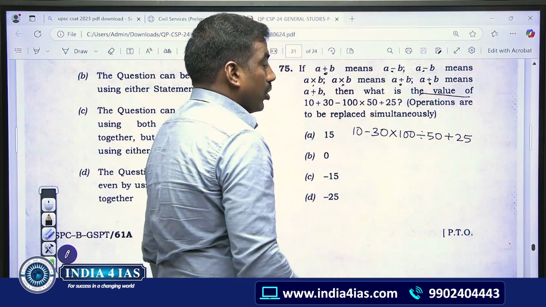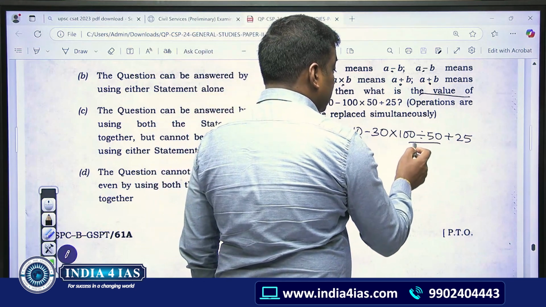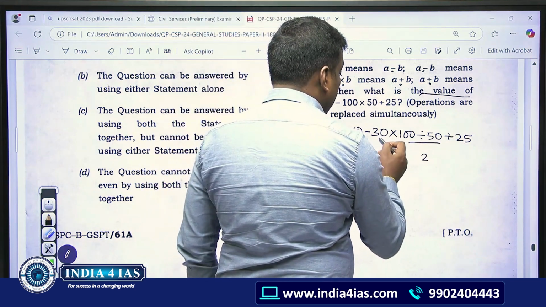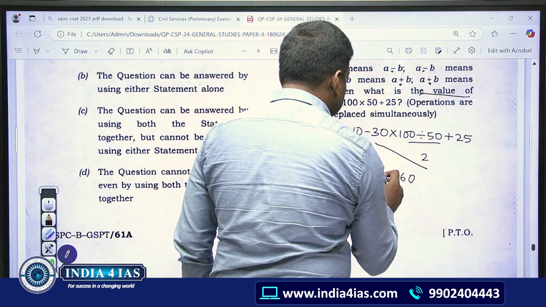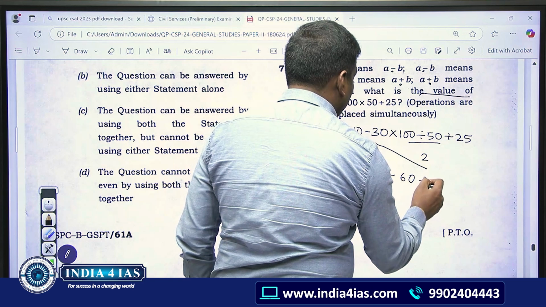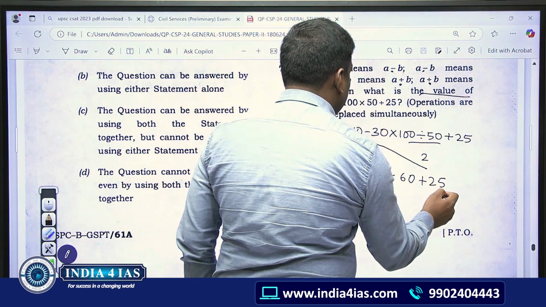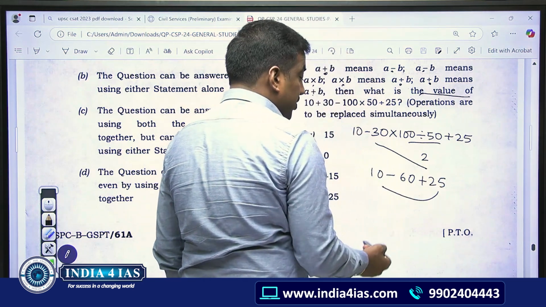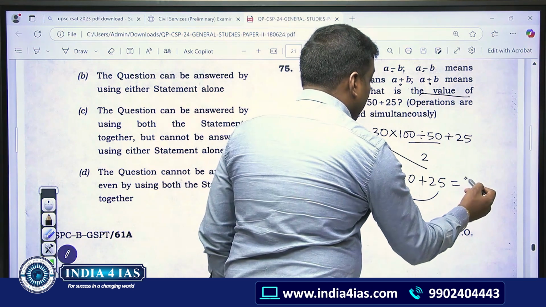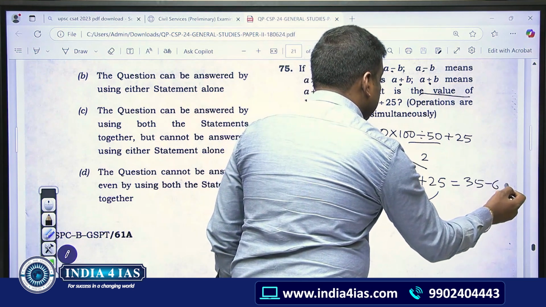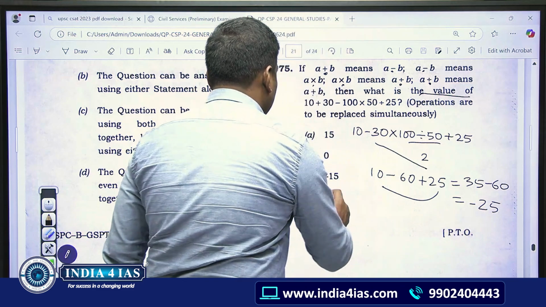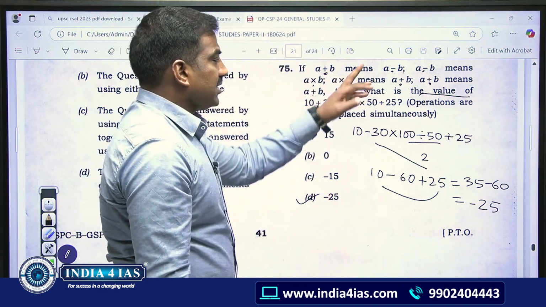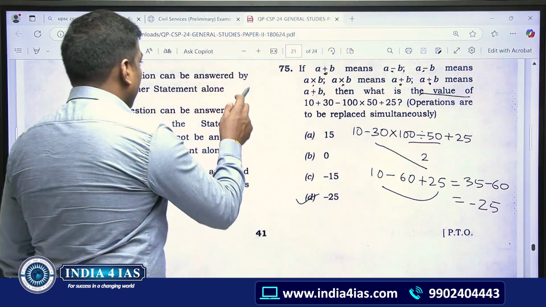Now, according to BODMAS, we have to do this. The value of this is 2. 30 into 2, this is multiplication, this is 60. So finally, this is 10 minus 60 plus 25. Then add the positive terms: 10 plus 25 is 35, minus 60. 35 minus 60 is equal to minus 25. So this is straightforward, but while you are substituting the symbols, be careful.